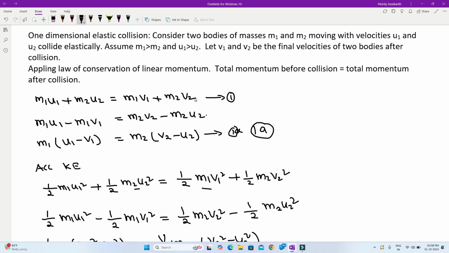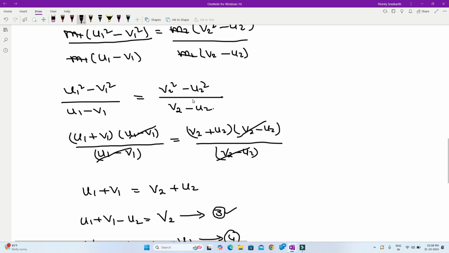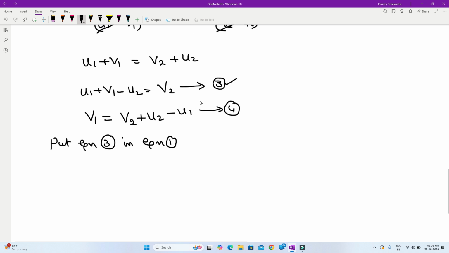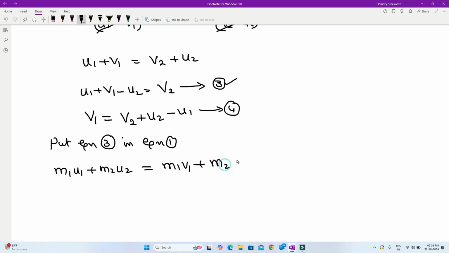This is equation number 1. So now substitute equation 3. So m1 u1 + m2 u2 is equal to m1 v1 + m2.